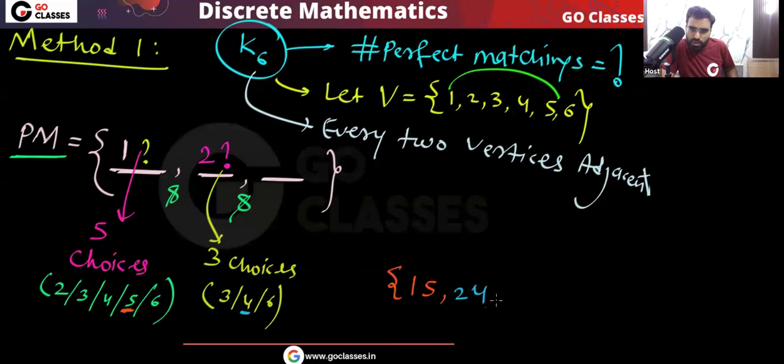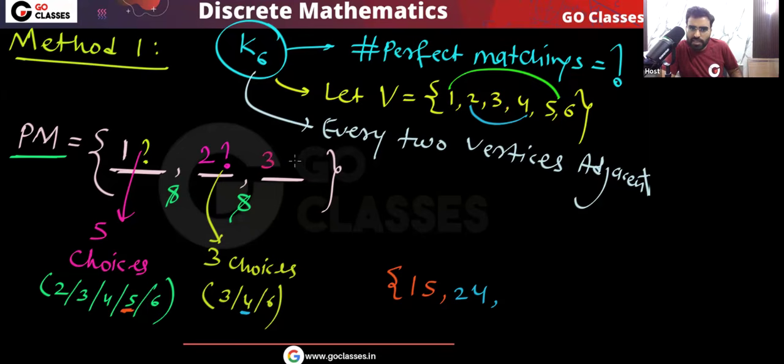Okay, let's assume that I have taken this 4. Means as a partner for 2, I have taken this 4. So now this task is also over. With this 2, I have found the partner, that is 4. Very simple. Now, how many vertices are remaining? 2 vertices are remaining. So, what is the minimum numbered vertex? That is 3.